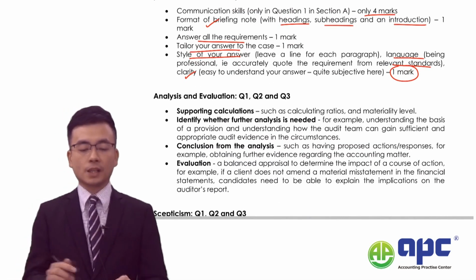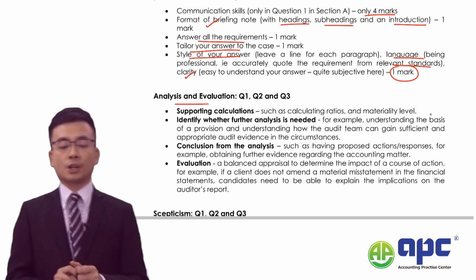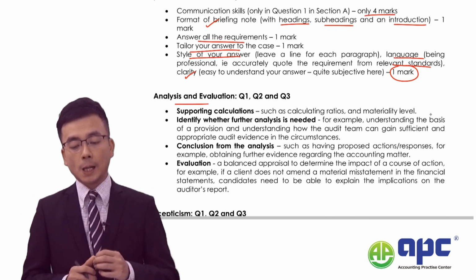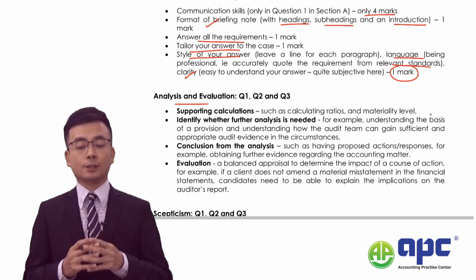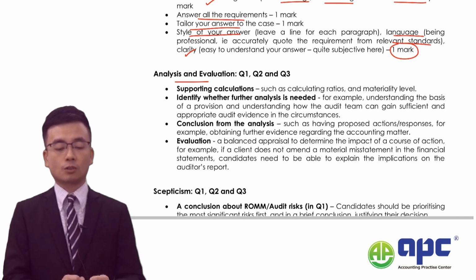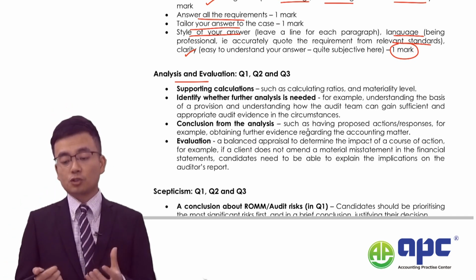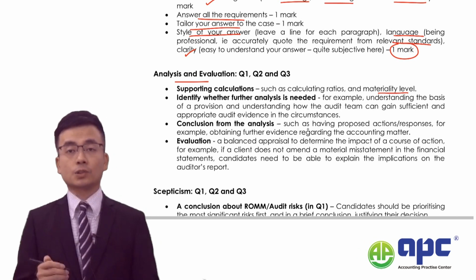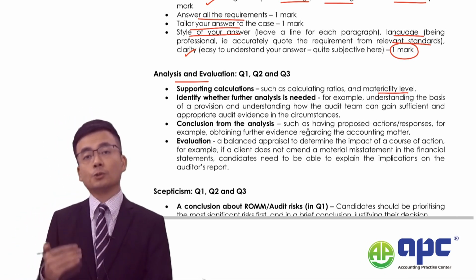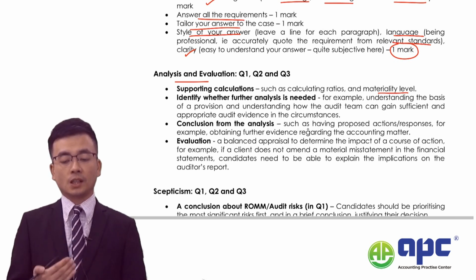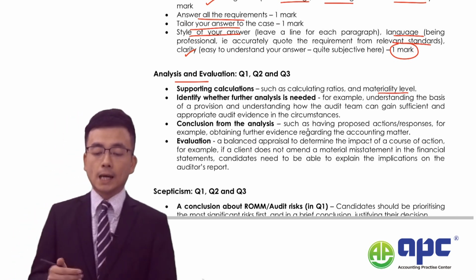Now, how about the analysis and evaluation skill? Analysis and evaluation skills appear slightly differently in question 1 compared to question 2 and question 3. So in question 1, you will always need to determine the materiality level. So in addition to the calculation, you also make a comment on why you chose this particular materiality level.